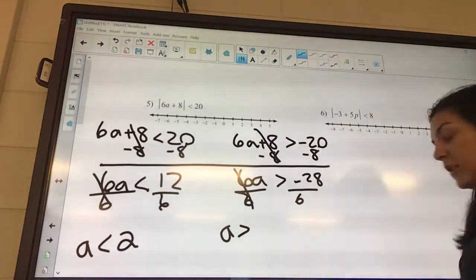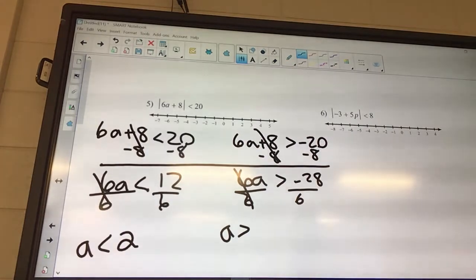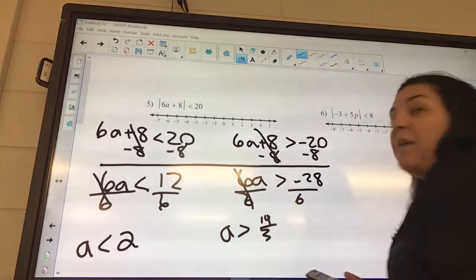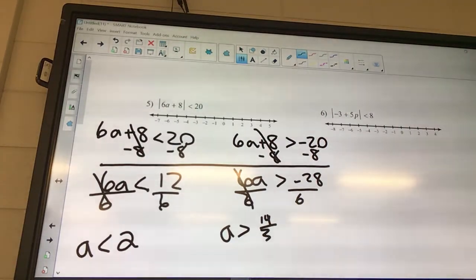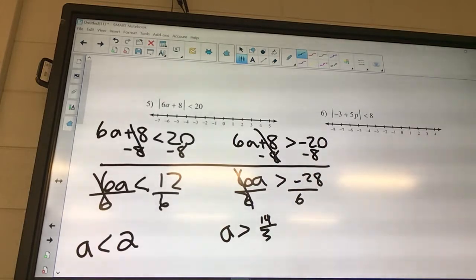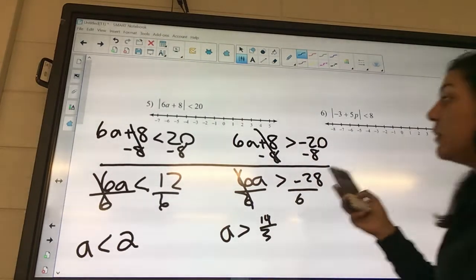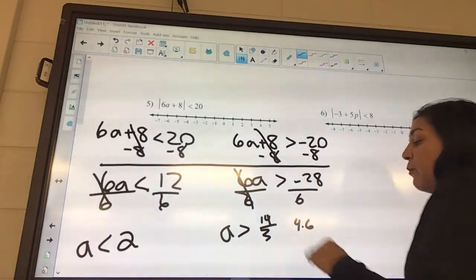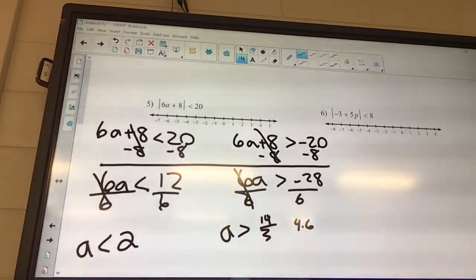And then I'm assuming this comes out as a fraction, 28 over 6, 14 over 3. Okay, on these ones, because we're graphing on the number line, do you know what 14 over 3 is? No, so you need to hit the S-D button and say, okay, well, it's 4.6. So you can also write down 4.6, so that way you know where to put it on the number line.